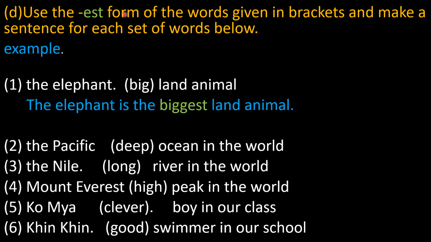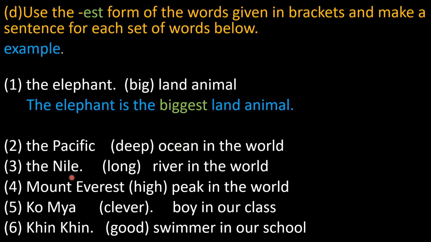Use the EST form of the words given in brackets and make a sentence for each set of words below. Example: the elephant, big land animal. The elephant is the biggest land animal. The Pacific, deep ocean in the world. The Pacific is the deepest ocean in the world.